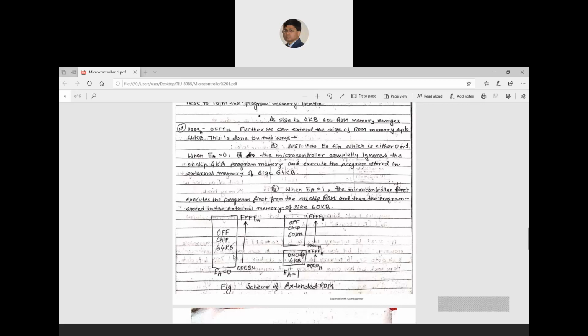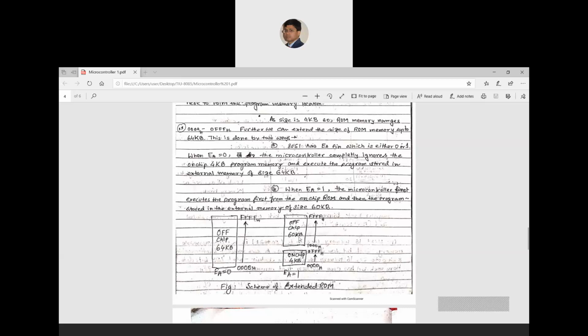If you consider these two figures, what is the size of the complete address space? 64 kilobyte for the left figure. If I see the right one, internally 4 and externally I am using 60, so it is also 64 kilobyte. But there is a condition: in the market you cannot have a memory chip of size 60 kilobyte.